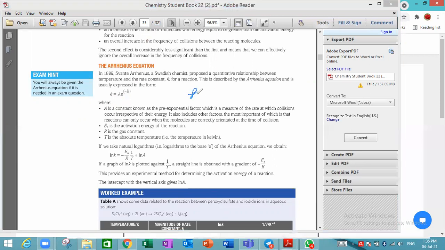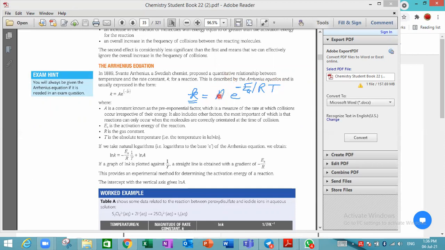This is the activation energy over RT, where k is the rate constant, Ea is the activation energy, R is the gas constant, and T is the temperature in Kelvin.